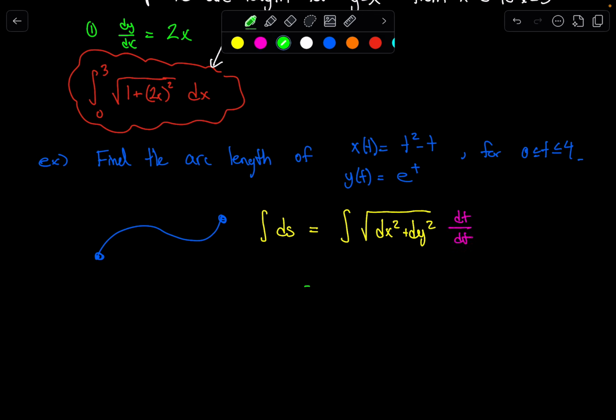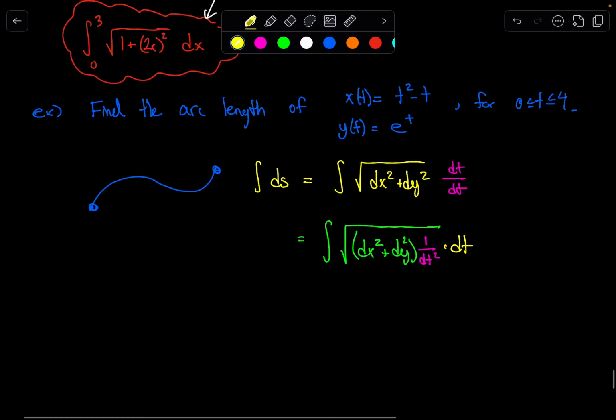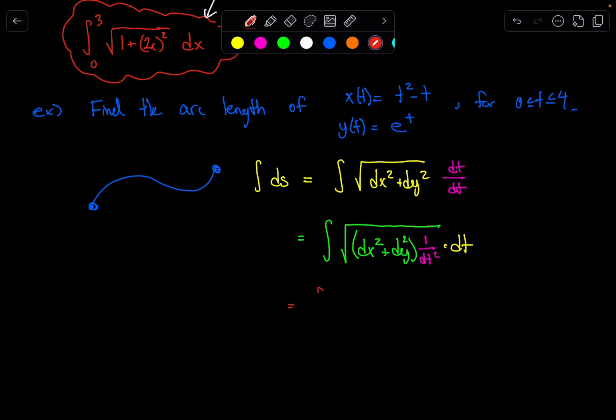And hopefully we can kind of see the same trick happening, which is I'm going to put a big square root. I'm going to put that dx squared plus dy squared there. And I'm going to pop in a 1 over dt squared on the inside. And I'm going to leave another dt on the outside. And this is going to distribute in and give us an integral formula, square root of dx squared over dt squared plus dy squared over dt squared with a dt on the outside.